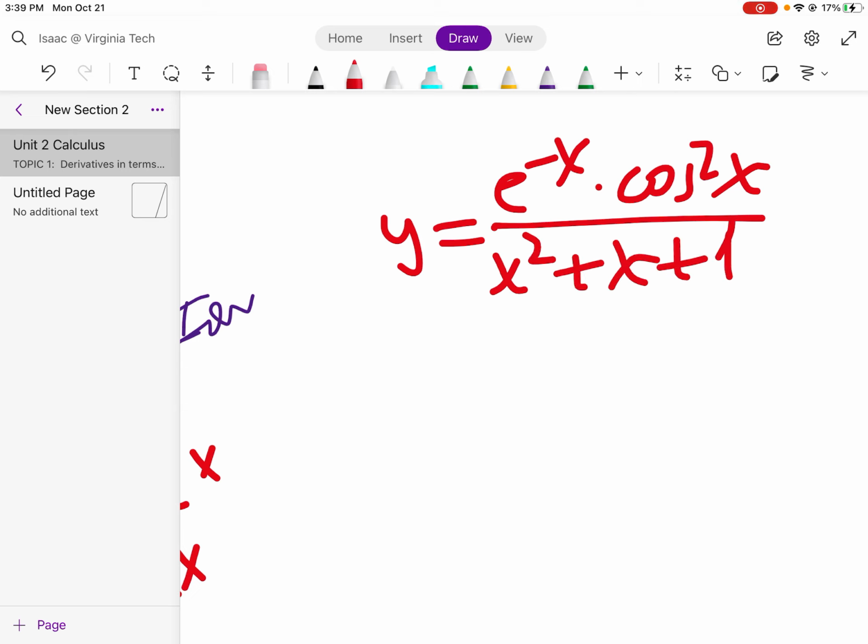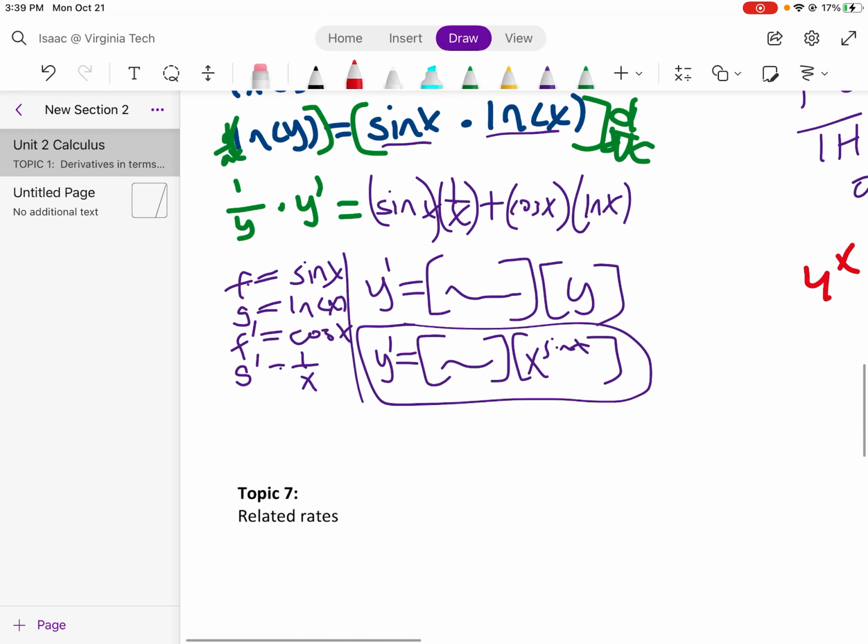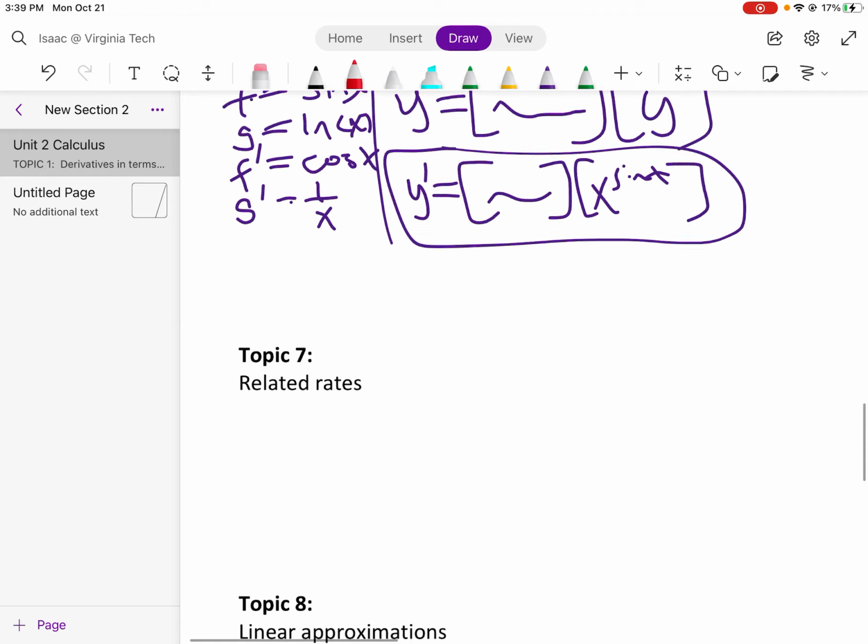Well, right here, you would have to do a lot of product rule, quotient rule. Ooh, that would take a long time. You could actually just simply do logarithmic differentiation, but it actually doesn't matter which one you do for this. So if you did product and quotient rule, that's fine. You can do whichever one you want. But for something like this, function to a function, that's pretty much your only option. So that's why it's good to learn this.